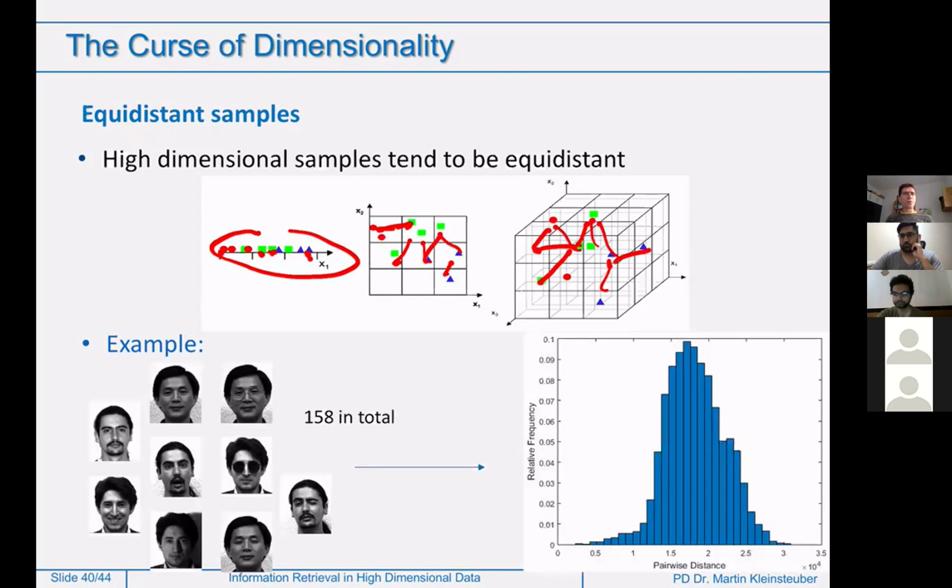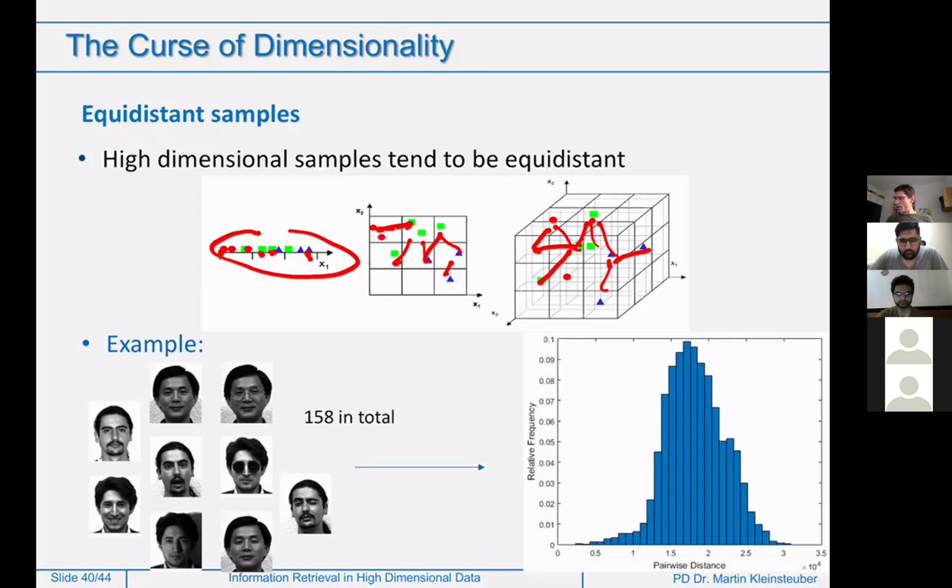So there's an example. I don't know whether you're doing that in the tutorials or not. We did that once. We have 158 face images, and we take them purely as they are in the high dimensional space with the gray values, and we compute the pairwise distance, and then we plot the distribution of the pairwise distances.